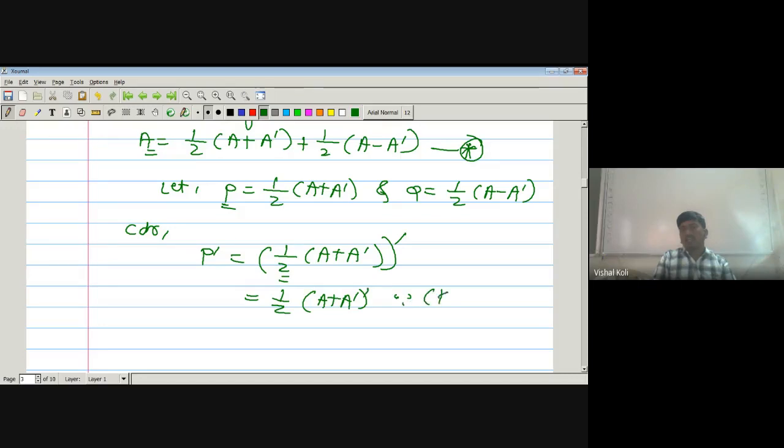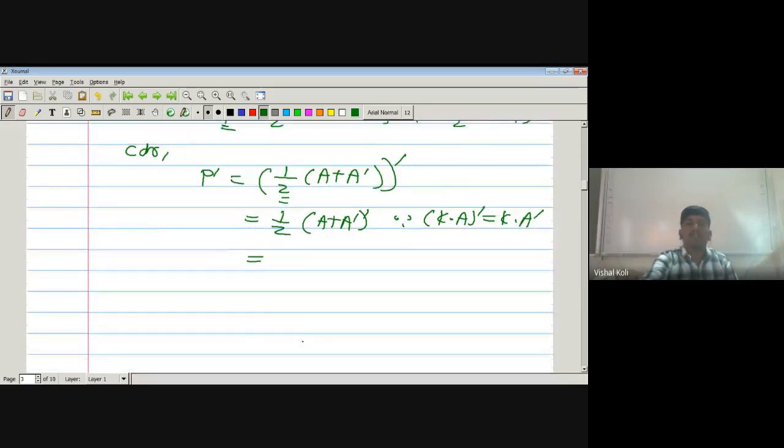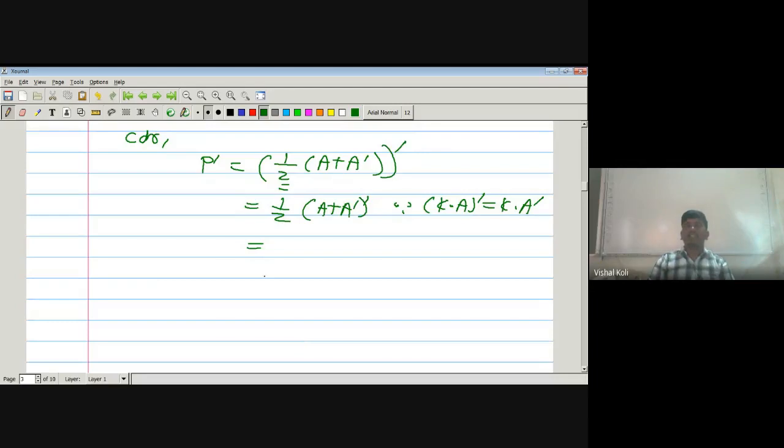Okay, now as we have proved that (A plus B) transpose is nothing but A transpose plus B transpose, therefore this can be written as 1 by 2 (A transpose plus transpose of A dash).